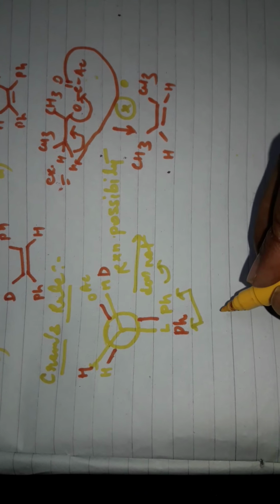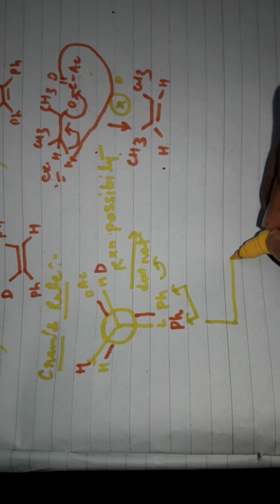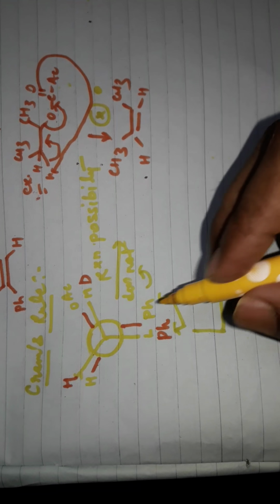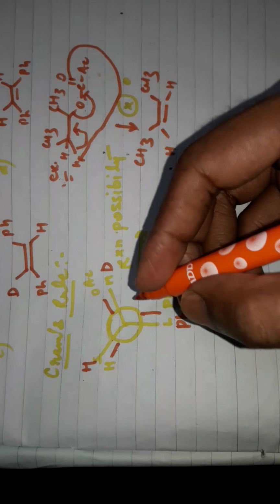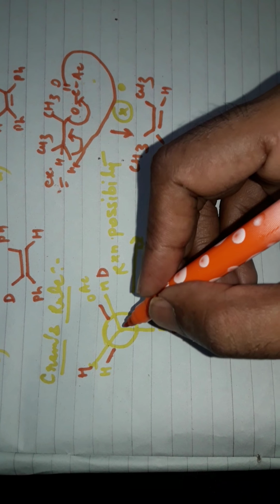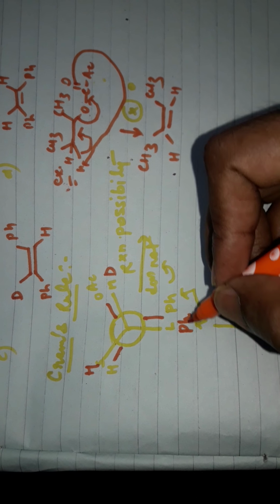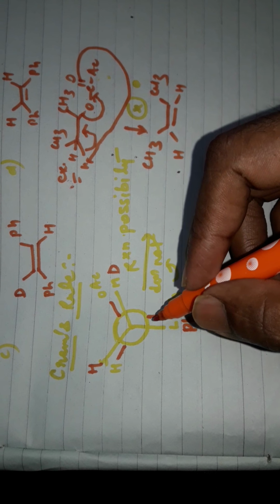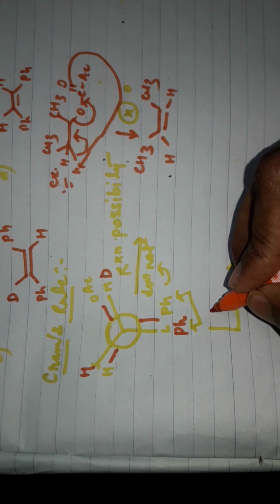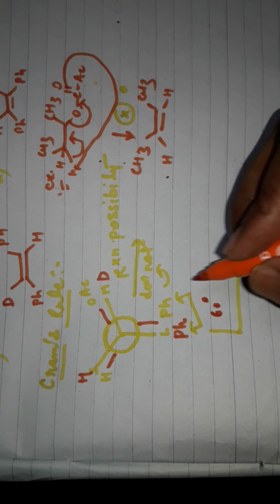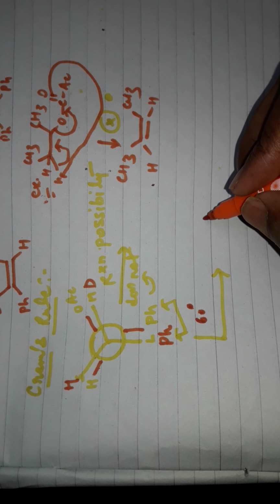So it wants to go to a more flexible form, meaning it wants to reduce this steric repulsion, for which it moves by a 60-degree angle.